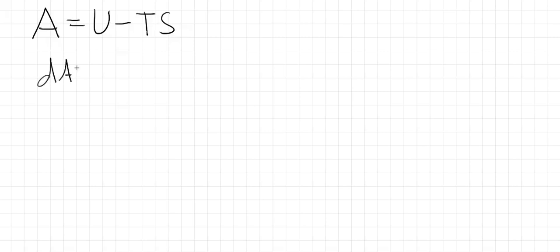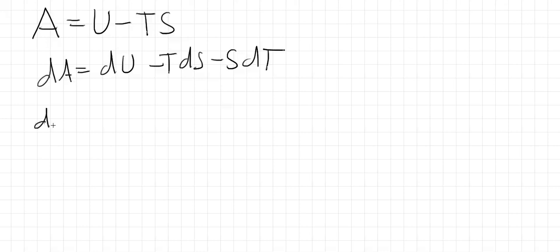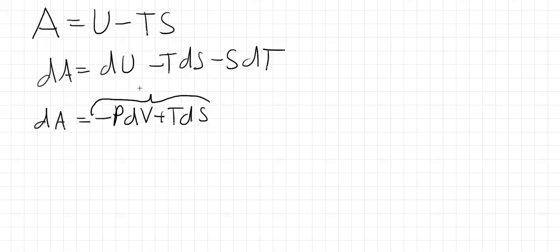Let's do two more. Let's do the Helmholtz function. We said the Helmholtz function was defined as U minus TS. So the change in the Helmholtz function is the change in U minus TdS minus SdT. We already have an equation for dU: minus PdV plus TdS. Throw in these other terms.